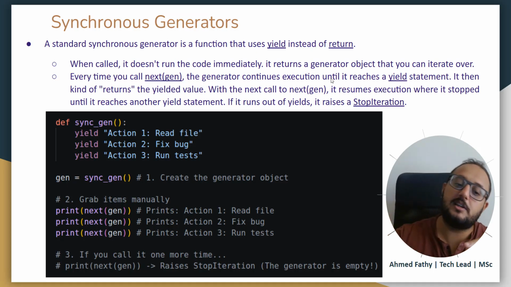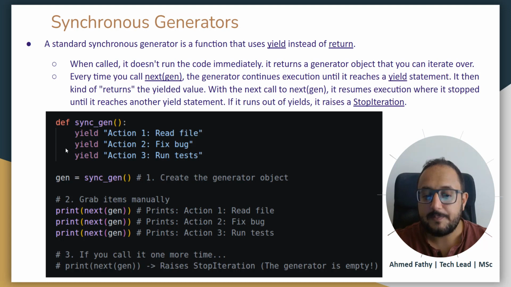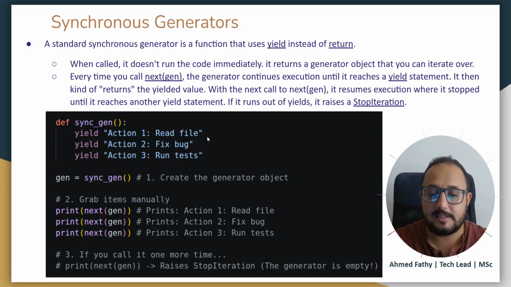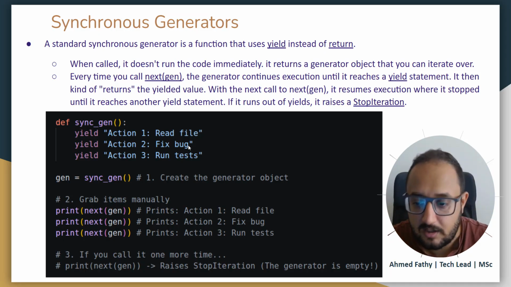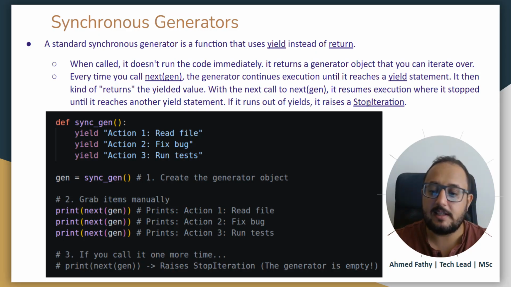It does not start from the beginning of the function. It starts right here, does some logic, then yields the second string. If it runs out of yields, it raises a StopIteration.